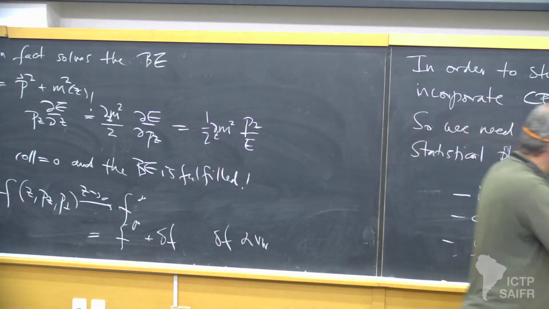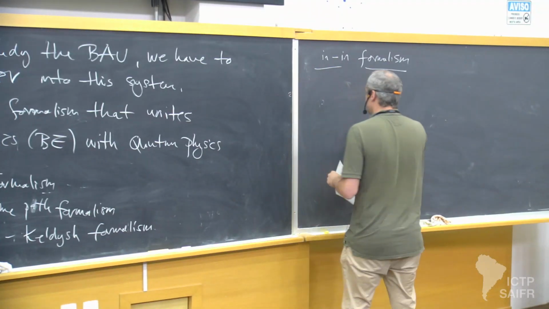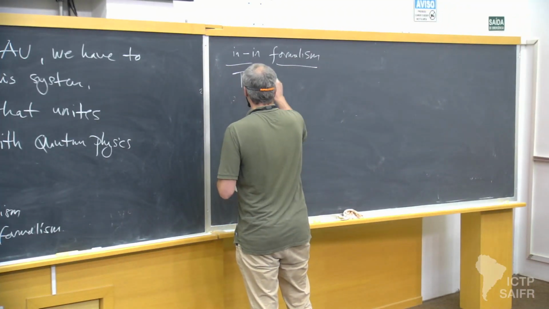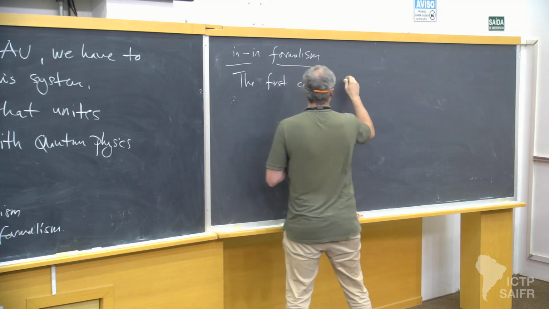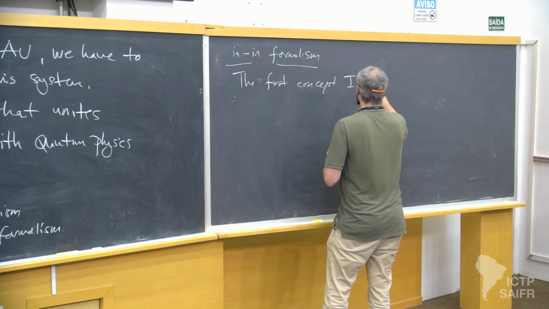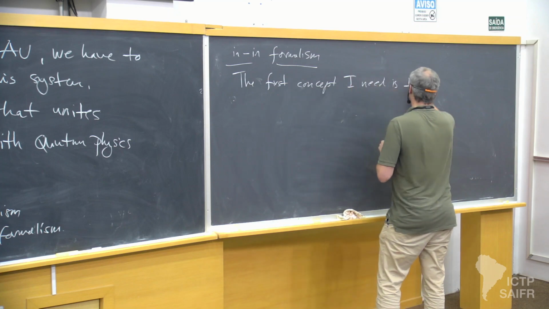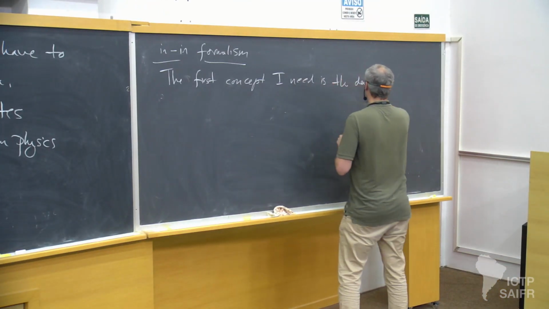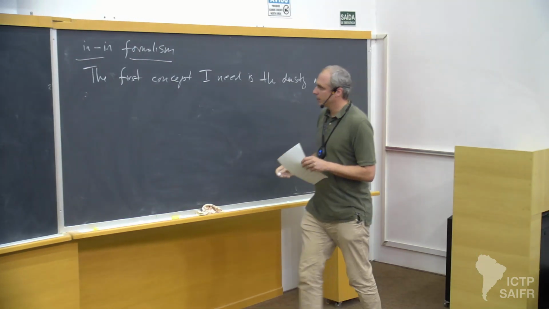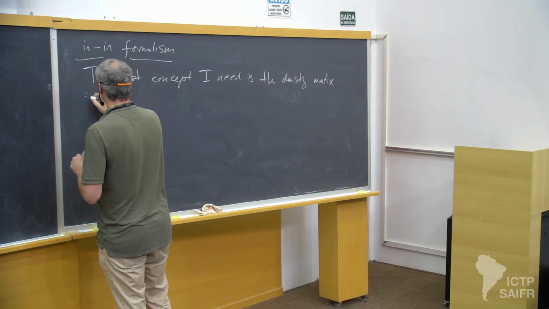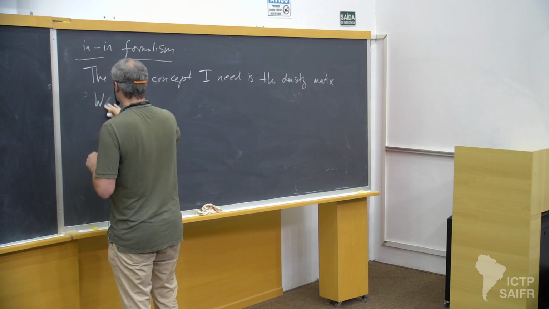Okay, and the first concept I'm going to need is a density matrix. Typically when you study collider observables, that's what you do in QFT.